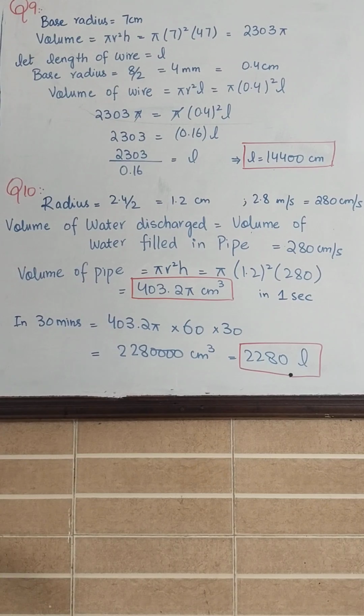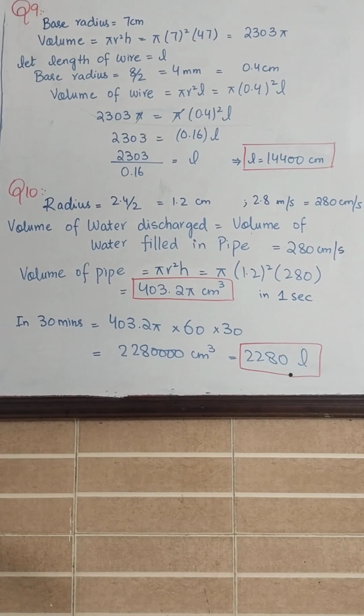Volume of water discharged is equal to the volume of water filled in the pipe. Of course, how much water is discharging? It is basically the water which is filled in the pipe. So it is 280 centimeter cube. Now to find the volume of the pipe, we write the formula of volume, which is pi r square h.